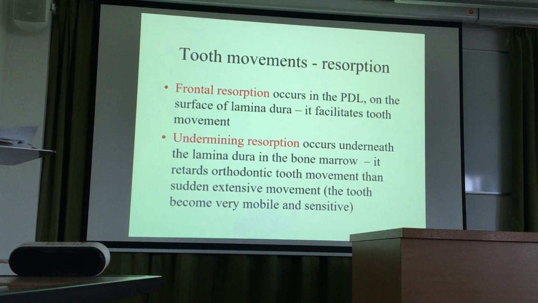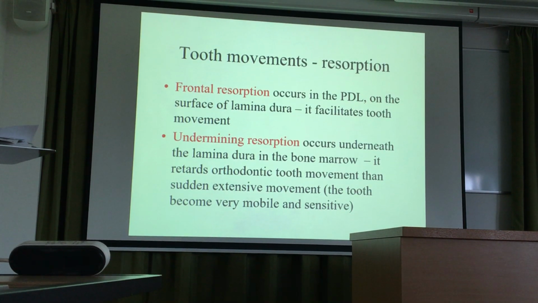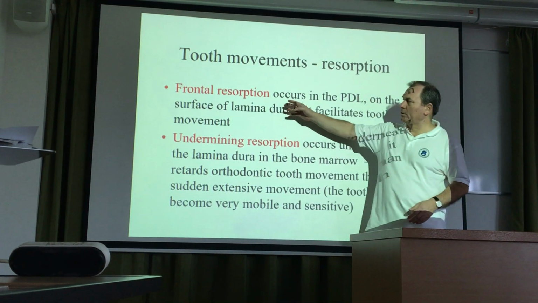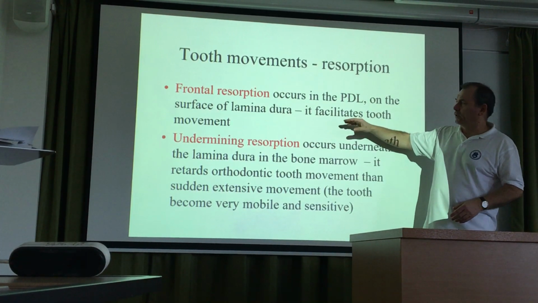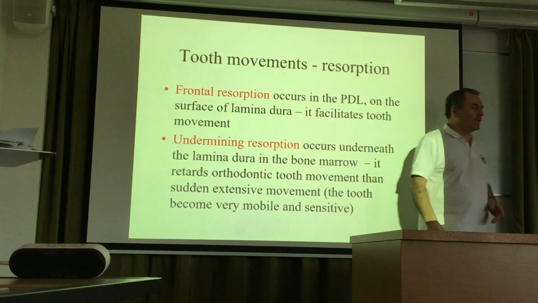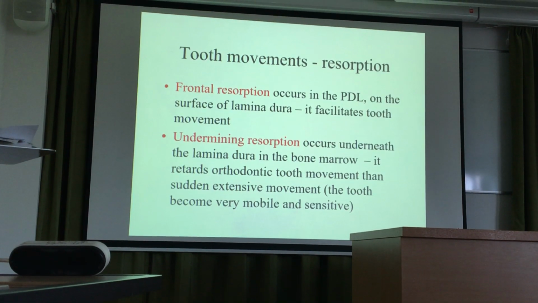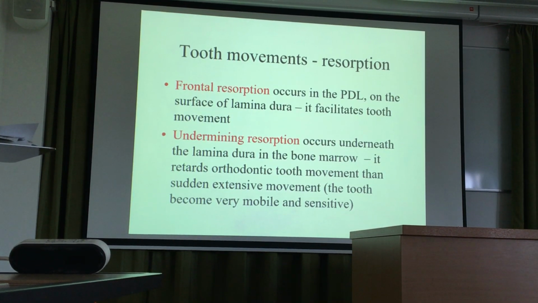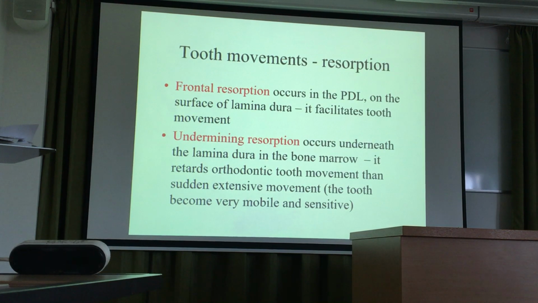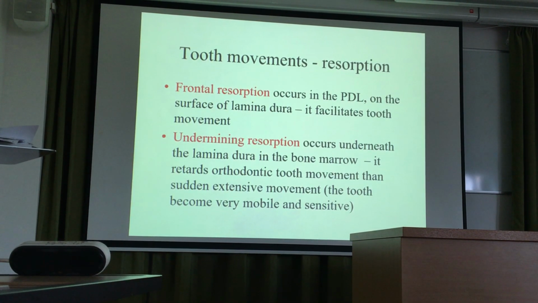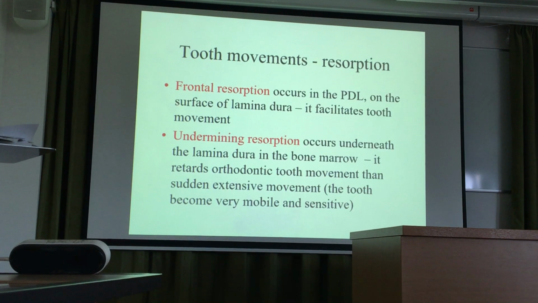We need frontal bone resorption in orthodontic treatment, and you will see that this frontal bone resorption results in bone removal on the surface of the lamina dura facing the root surface. Okay, facing the root surface. This is the reason why it is named frontal bone resorption, because it is facing the lamina dura.